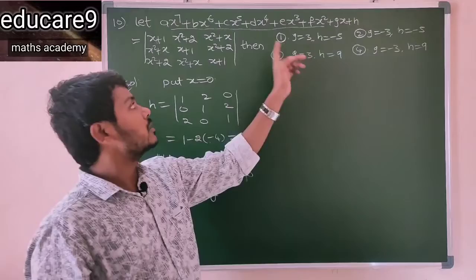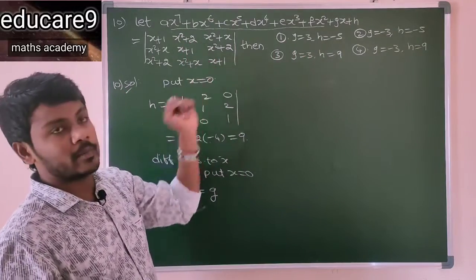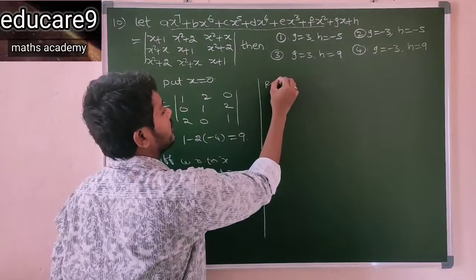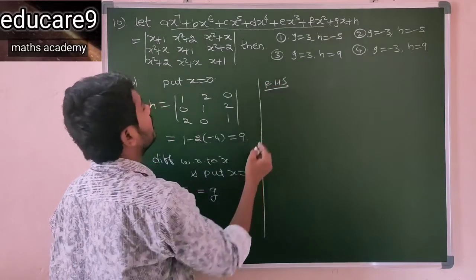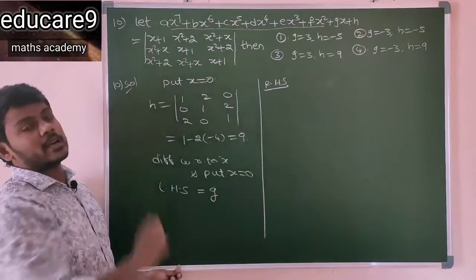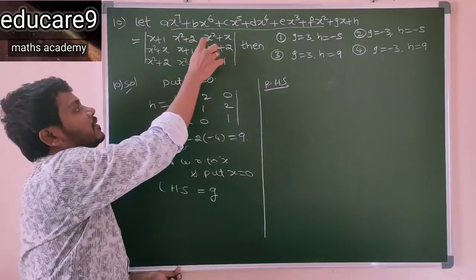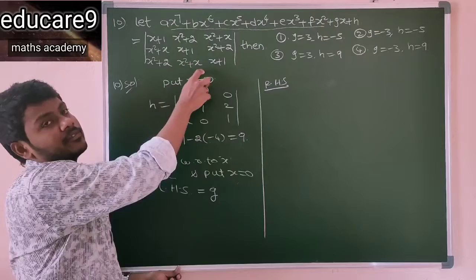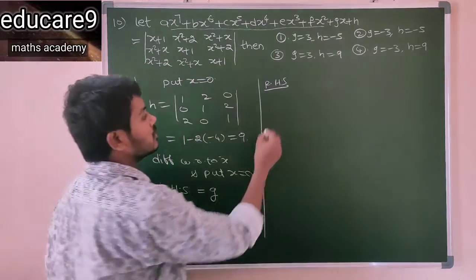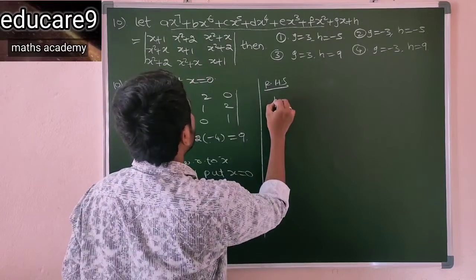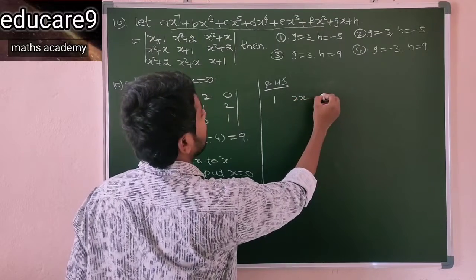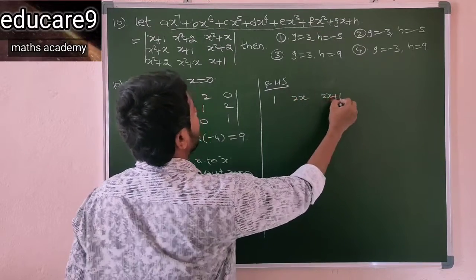And RHS, differentiate this determinant. So that is RHS. The derivative of this determinant is the derivative of the first row plus the derivative of the second row plus the derivative of the third. So that is 1, 2x, next to 2x plus 1.